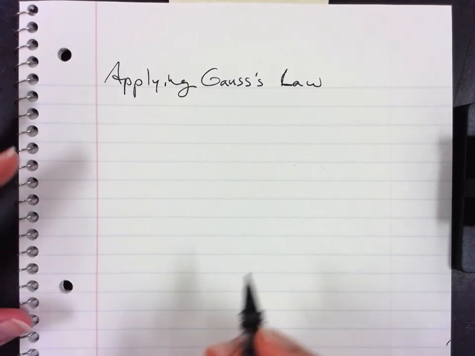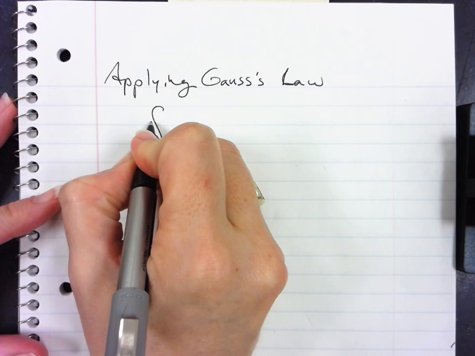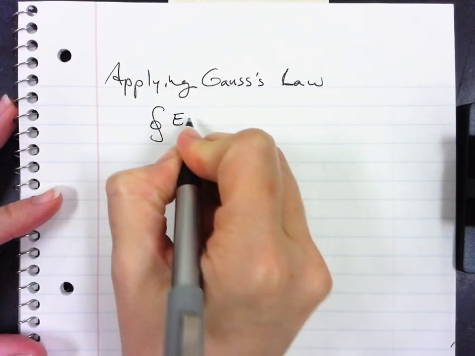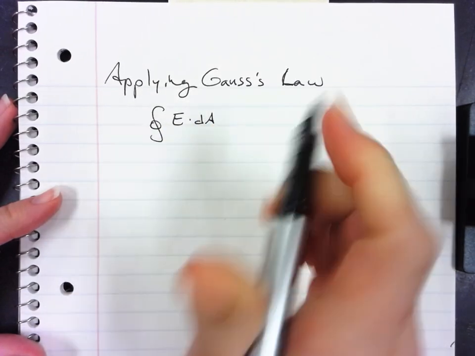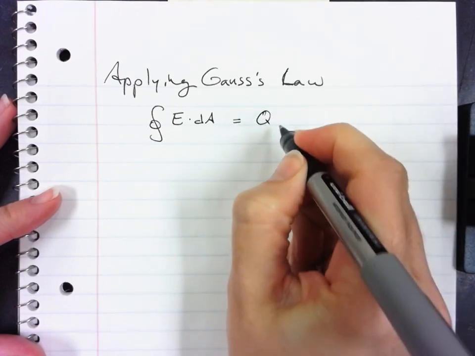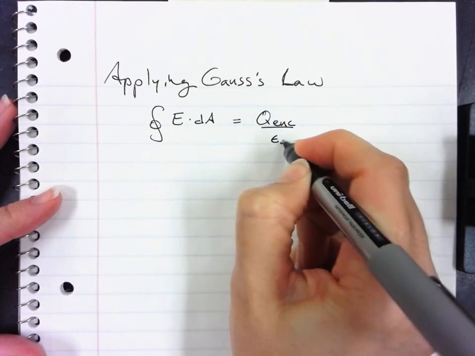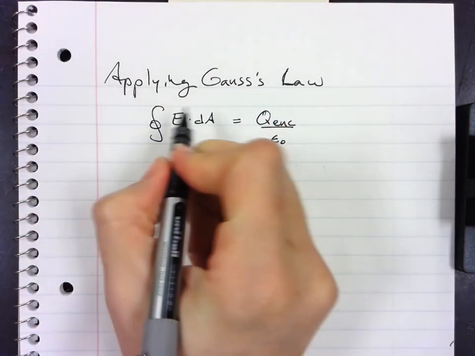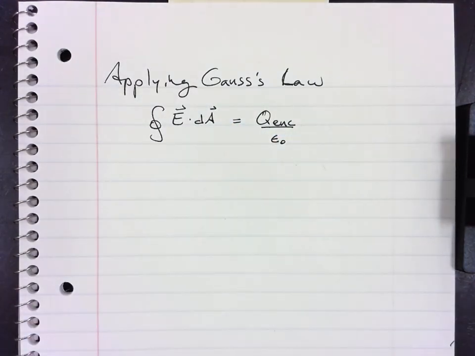So last time we talked about Gauss's law, and I'll remind you, Gauss's law is the electric flux through a closed surface is equal to the charge enclosed by that surface divided by that new constant epsilon naught. And really, these are vectors. So Gauss's law is always true.